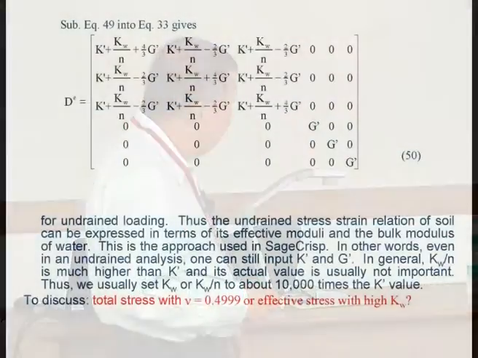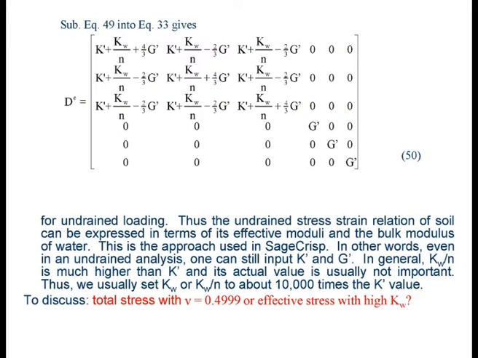Is that all right? So effectively, when you take that into account, the total stress strain matrix in terms of effective stress parameters is this. You can see this is K dash, the effective bulk modulus. This G dash is in fact the same as G, so no difference. But you get an additional term, which is the bulk modulus of water divided by n.